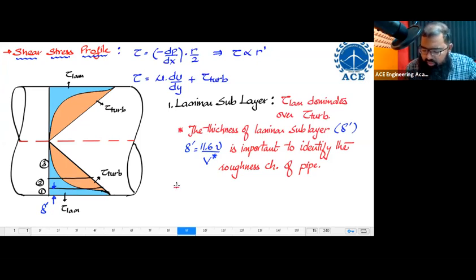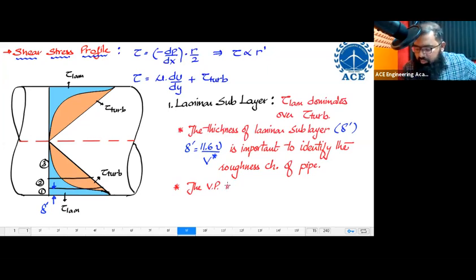One more very important point, and very few books have mentioned this particular point. Please mark this point as important. If you remember, for entire turbulent flow, the velocity profile is logarithmic, accepted.